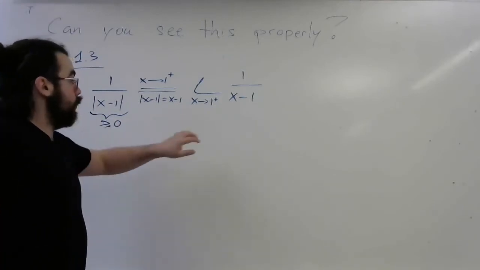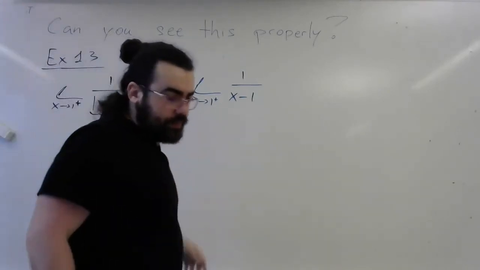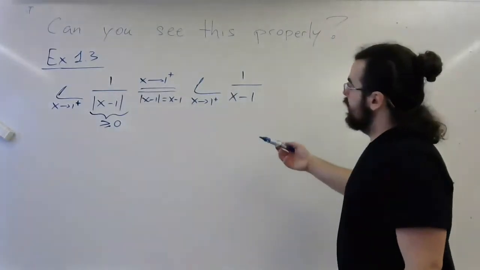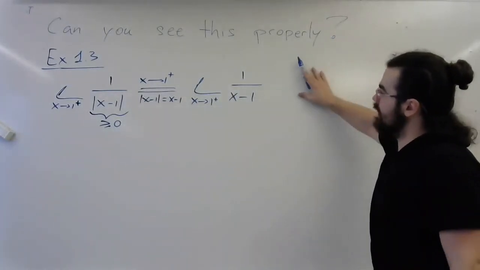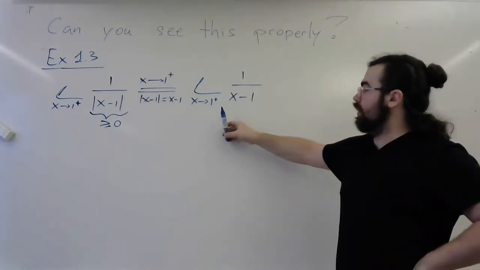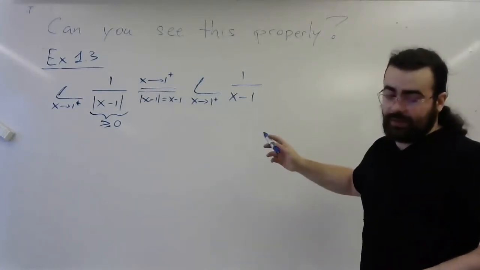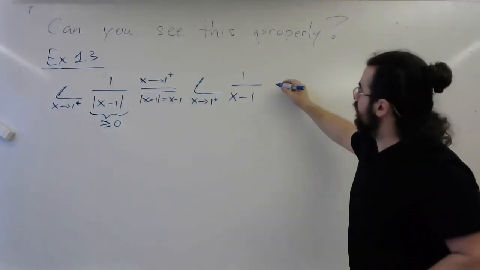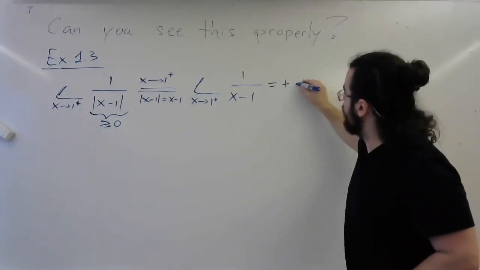Now, what we have here is this limit. You evaluate this. This is either plus or minus infinity. But since we are approaching 1 from the right, x minus 1 is always greater than 0. And so our function goes to plus infinity.